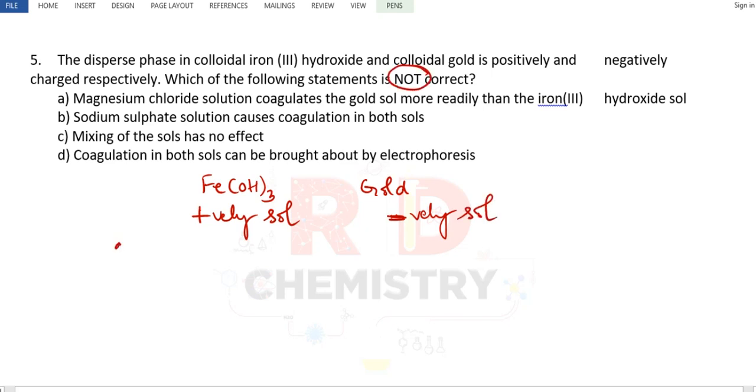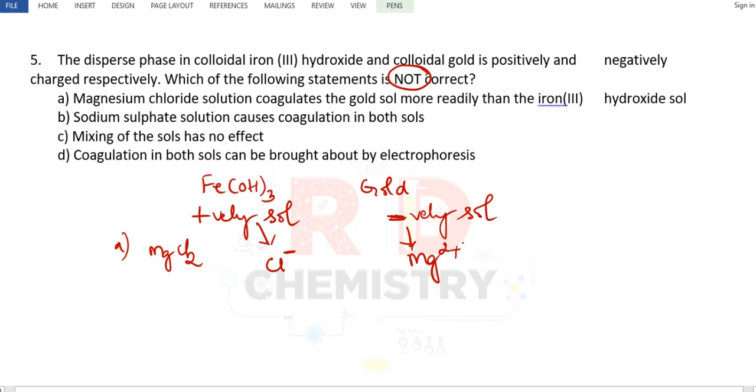We'll go for first option. Magnesium chloride solution coagulates gold sol more readily than iron 3 hydroxide sol. We have got magnesium chloride MgCl2, correct? Now according to Hardy-Schulze rule, positive sol requires negative ions, and negative sol requires the positive ion, magnesium 2 plus.